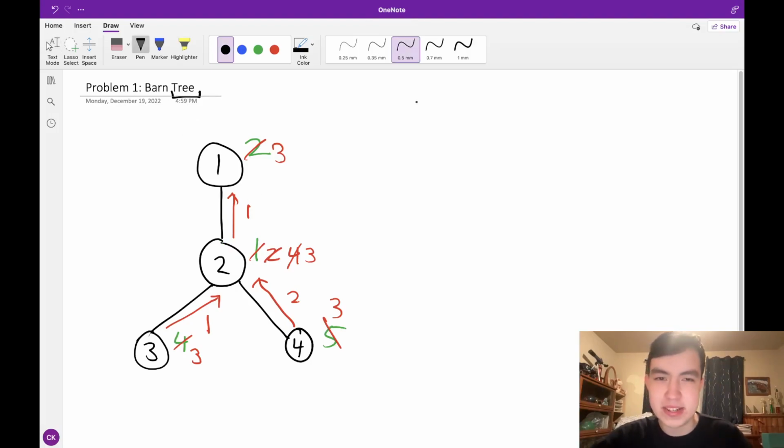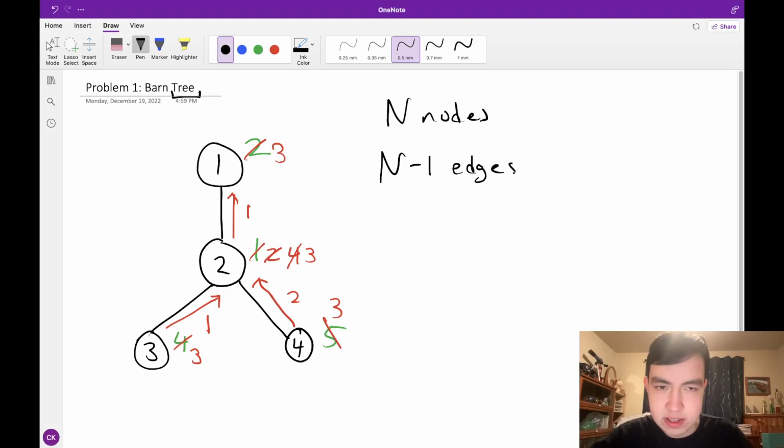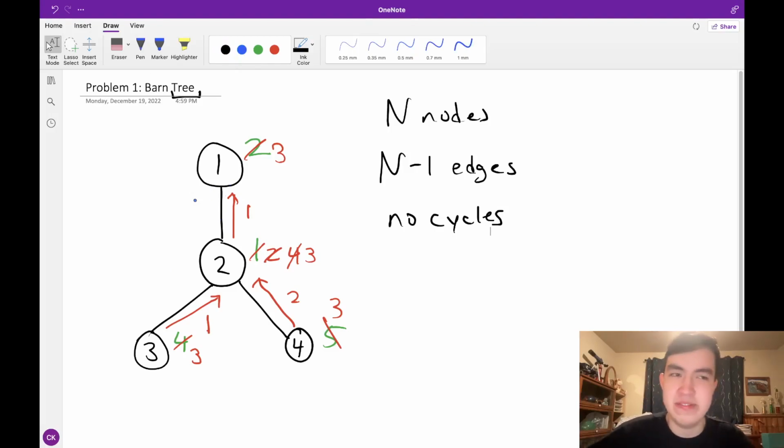If a graph has n nodes and n minus 1 edges, and it's connected, then it's a tree, which is a special kind of graph that has no cycles. So there is only one way to get from any one node to another, at least in the minimum amount of moves.